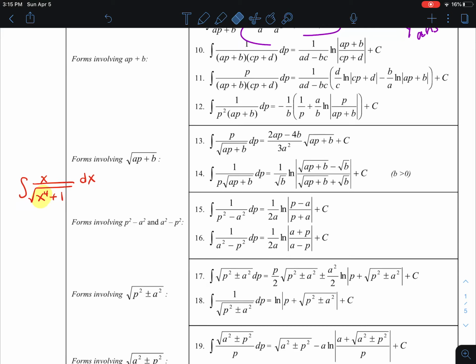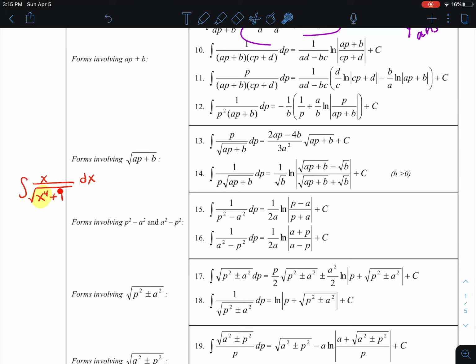Okay? So clearly this has a square root symbol in the denominator, and our goal is to try to pick a formula that has a square root symbol in the denominator and probably has a p squared in this location right here.